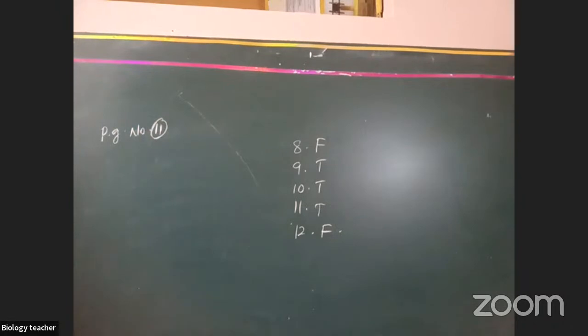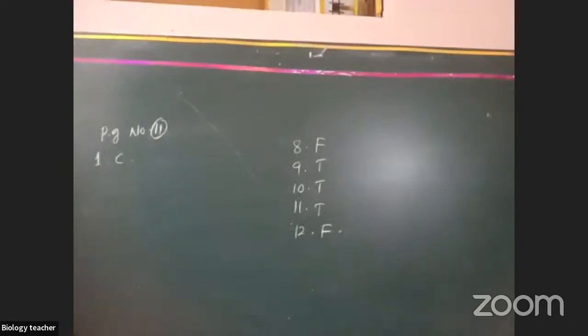Page number 11. Which of the following can be made into crystals? Bacteria, amoeba, virus, sperm. So what is that? C, virus. A cell will swell up if the concentration of water molecules in the cell is higher than the concentration of water molecules in surrounding medium.